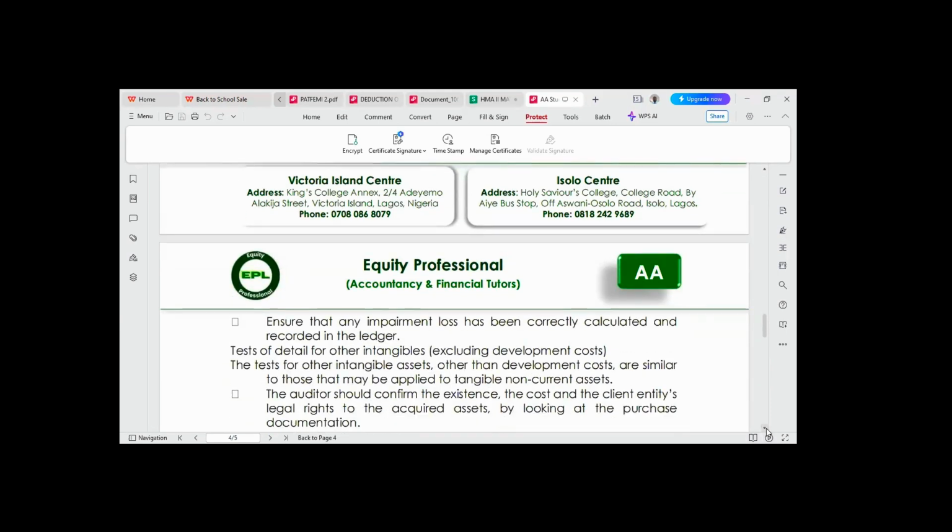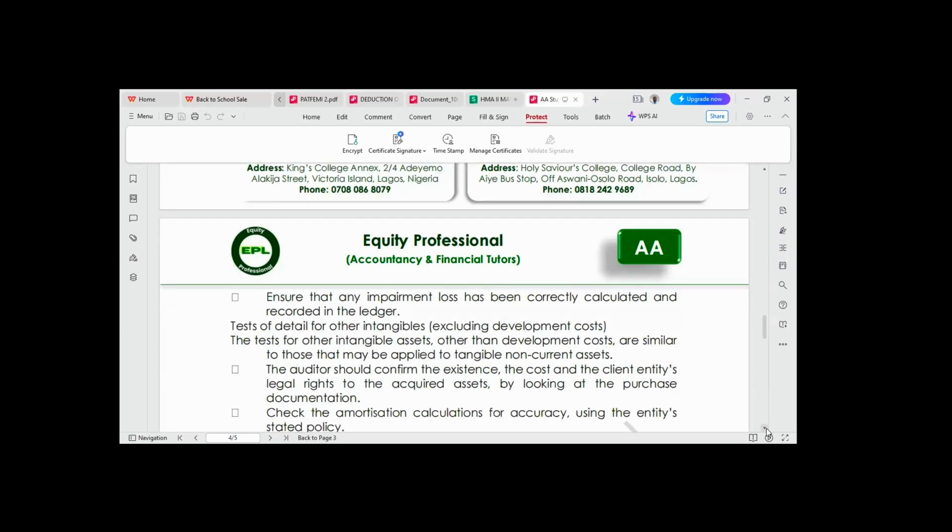The tests for other intangibles, other than development costs, are similar to those that may be applied to tangible non-current assets. So the auditor will confirm the existence, the cost, and the client entity's legal right to the acquired assets. The auditor will request legal rights to show you are the owner of the asset.